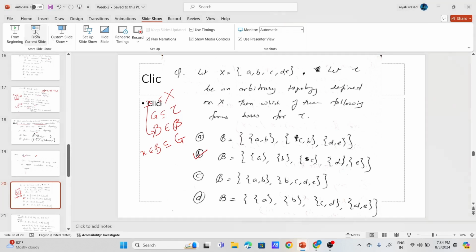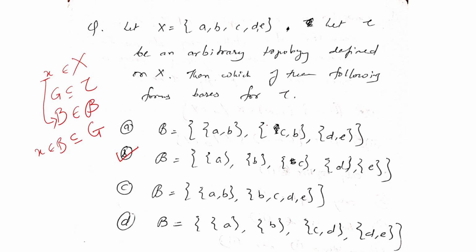Okay, so what is happening here? In the first case, if you take the intersection of these two, that is singleton B, it does not belong to B itself, right?